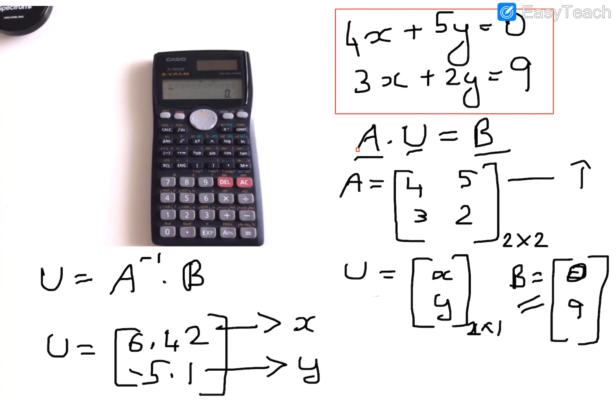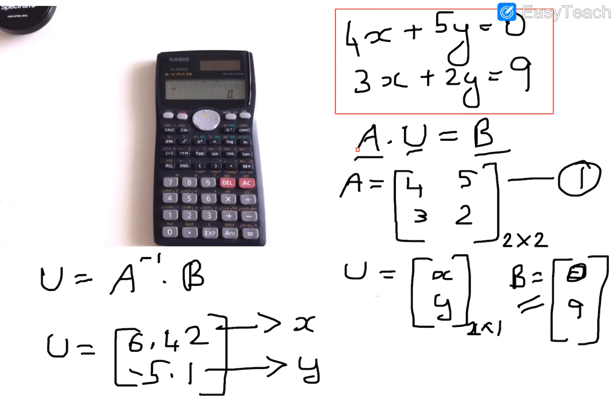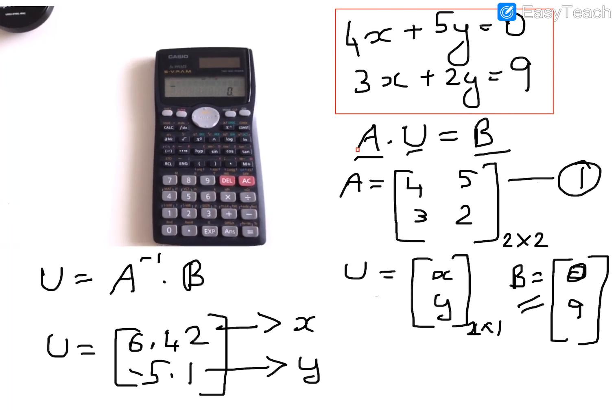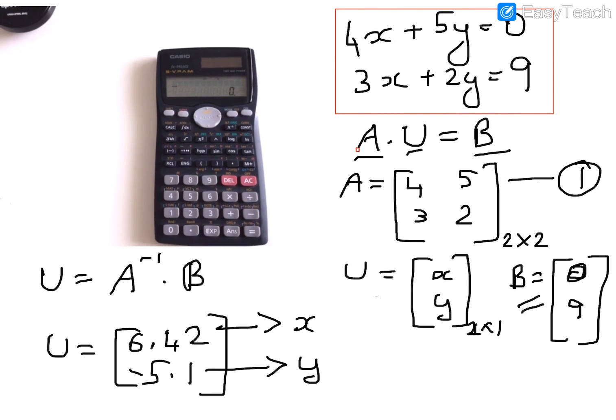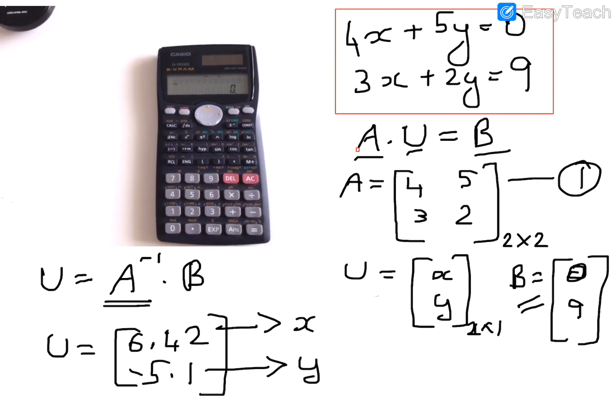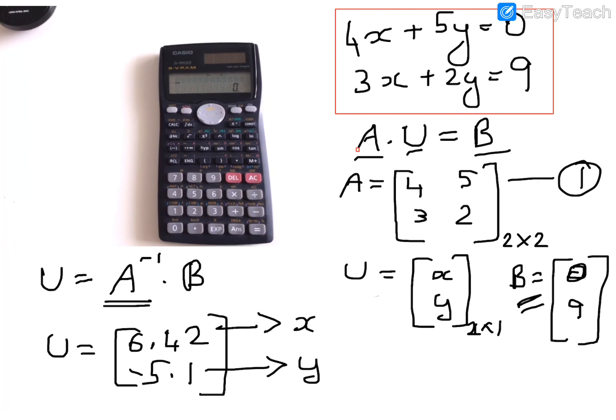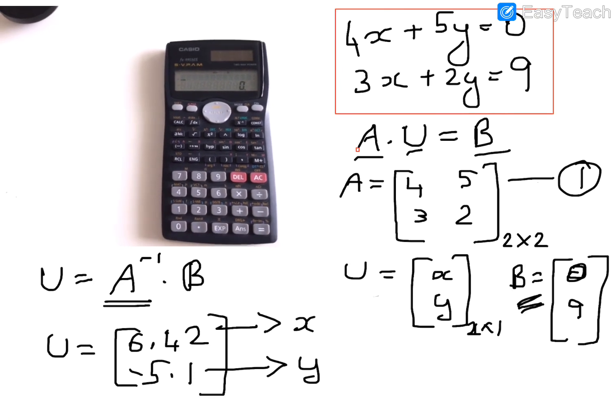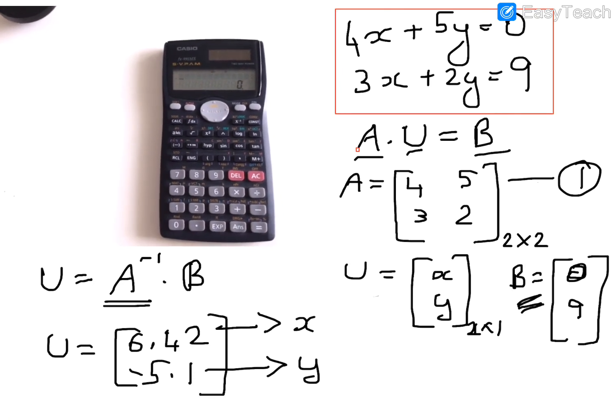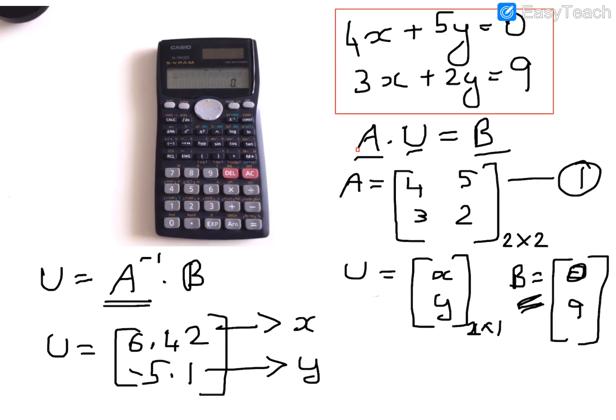So this is going to be your step 1. Step 2 is going to be to find the inverse of this matrix, and step 3 is to multiply that with your right hand side. That is going to be your matrix B.